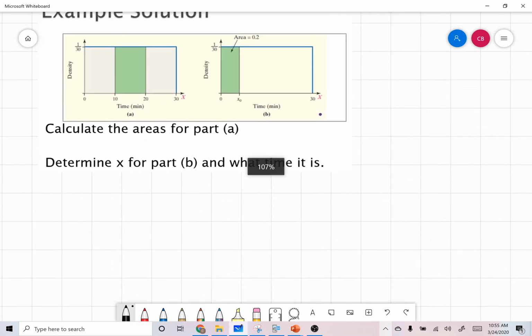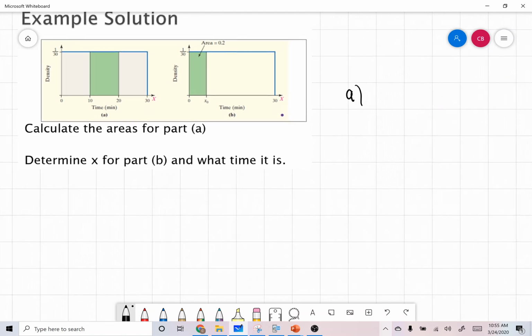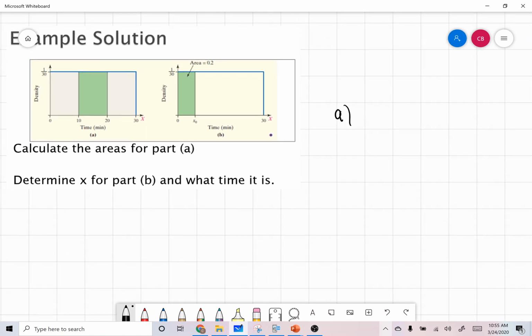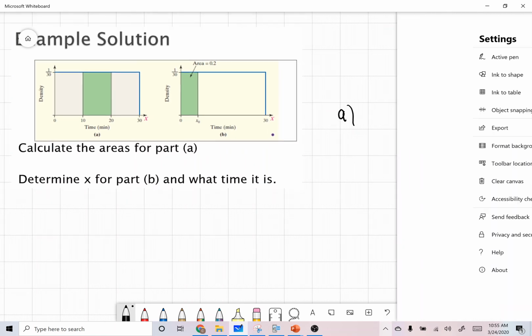So let's look at this. We wanted to know the probability that the person comes between 10 and 20 minutes. We can do that by looking at the area of this equation. Let me turn on shapes.